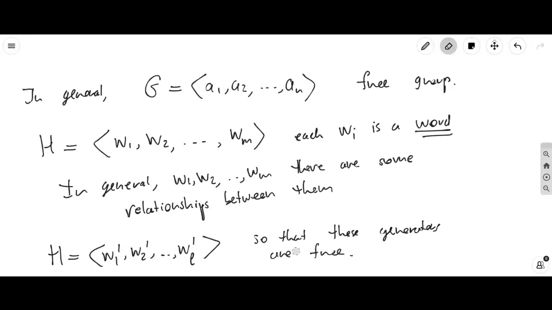So that situation might happen. And when you formulate it in this way, it is by no means obvious why that happens. Okay, so that's the Nielsen-Schreier theorem.